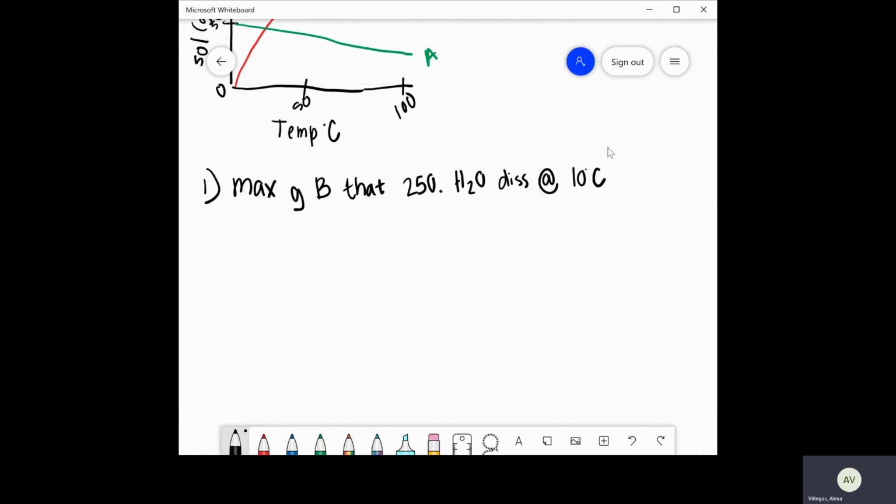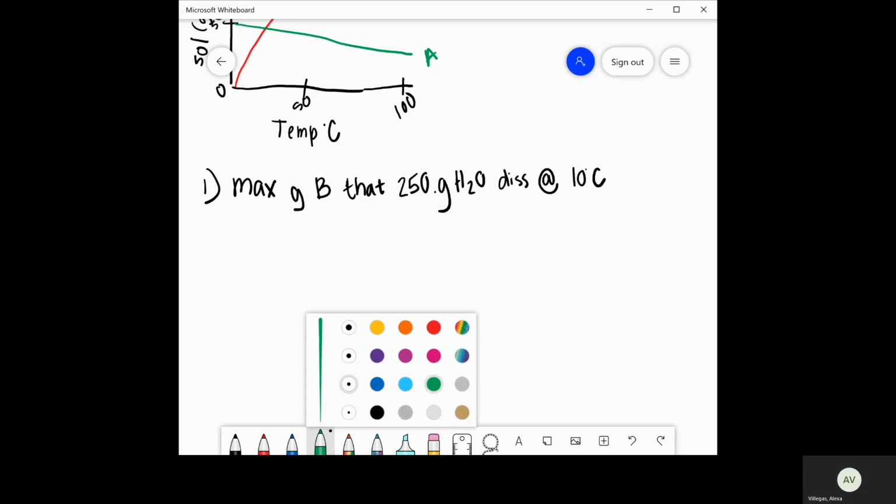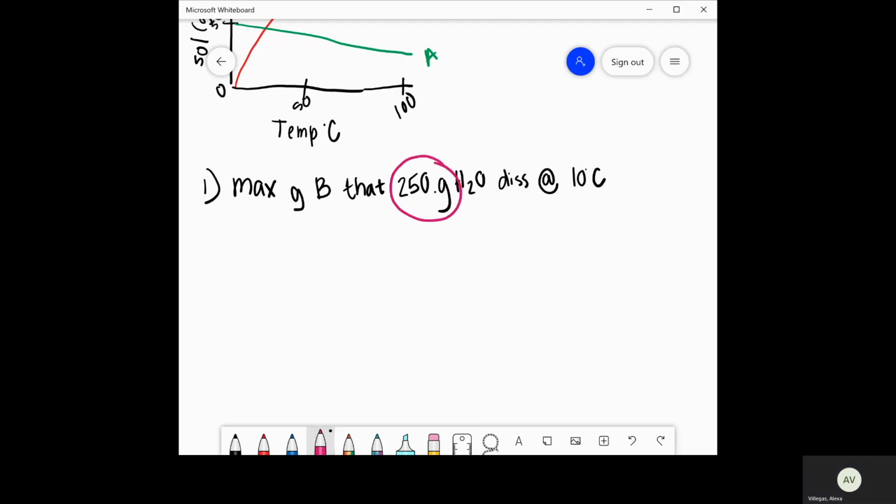So in order to do this, you're going to set up a conversion factor. So you know this is what you are given. I'm going to use different colors to keep things straight. So we start out with 250 grams of H2O.